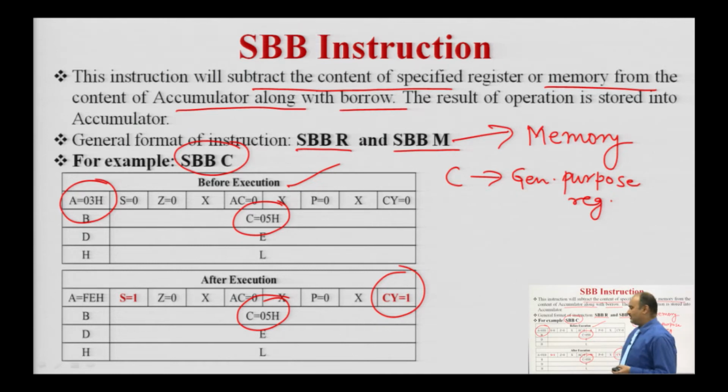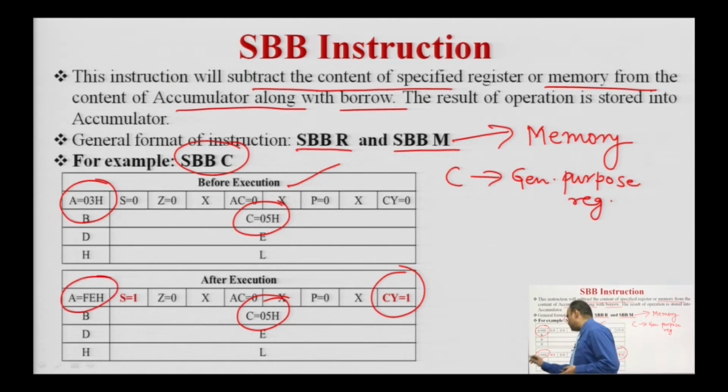The 05 is converted into 2's complement form and added with the content of the accumulator. The result is FEH, which is stored back into the accumulator, which is nothing but the 2's complement of 02.